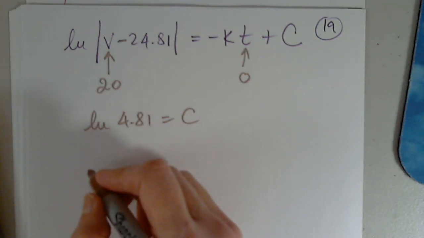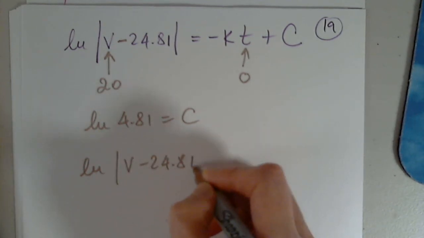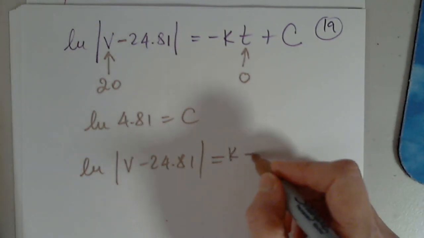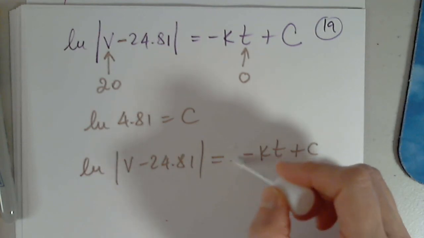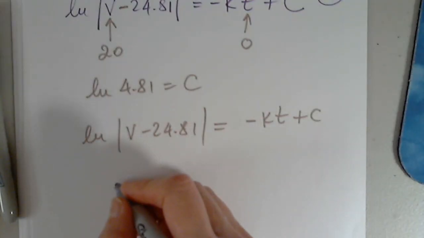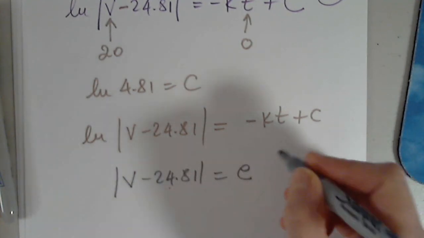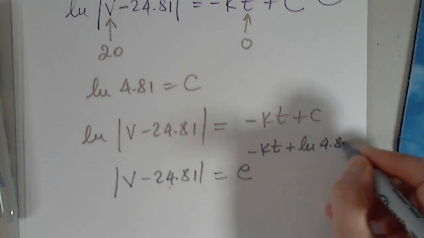So then we have natural log of the absolute value of V minus 24.81 equals -kt plus c. So e raised to all that, the absolute value of V minus 24.81 equals e to -kt plus natural log of 4.81.